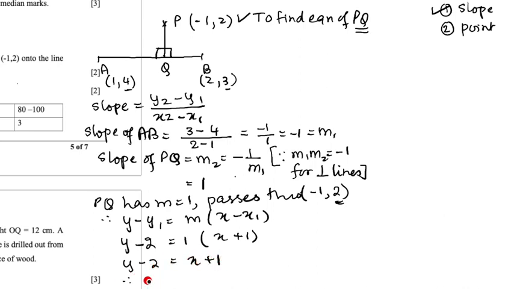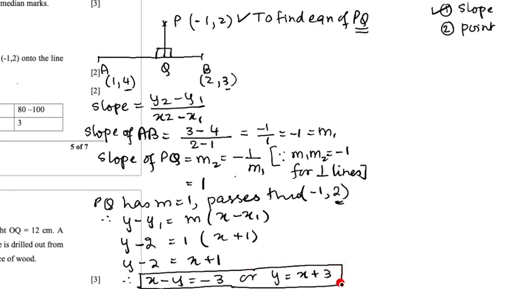Therefore, you will have x minus y equal to minus 3. You can either write it like this or you can say y is equal to x plus 3. So this is the equation of the perpendicular from P on the line AB, and that is our answer.